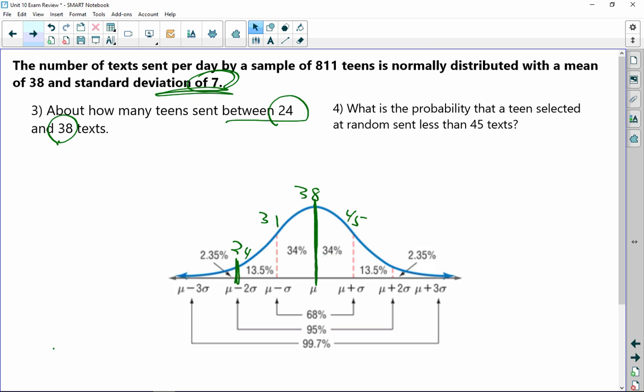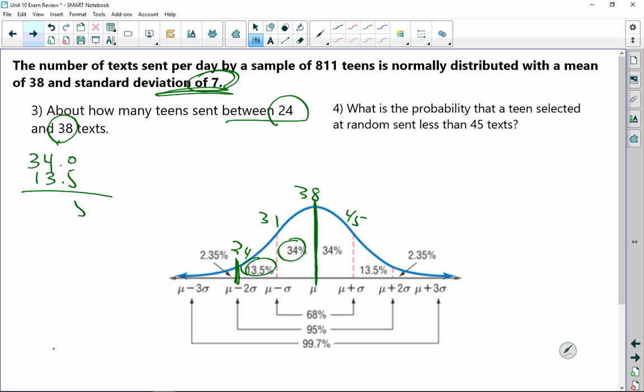Okay, so what I have to do here is take those percentages. Where'd you get the 31? What's 38 minus 7? Okay. I'm going to take those percentages and add those two together, which gives me roughly 47.5%. Now, that only accounts for 100 people, per se.